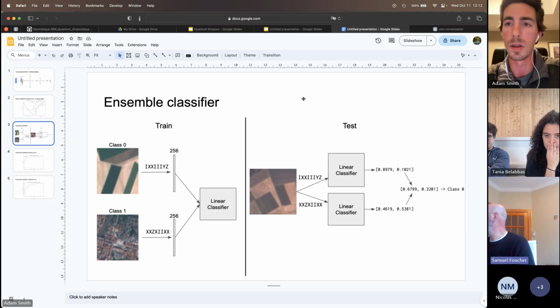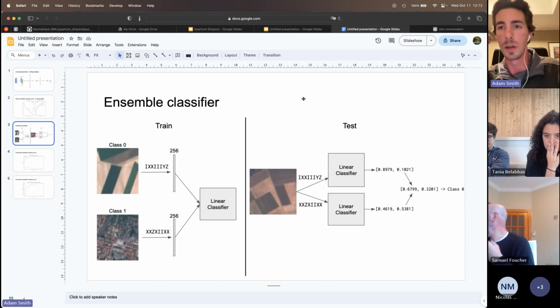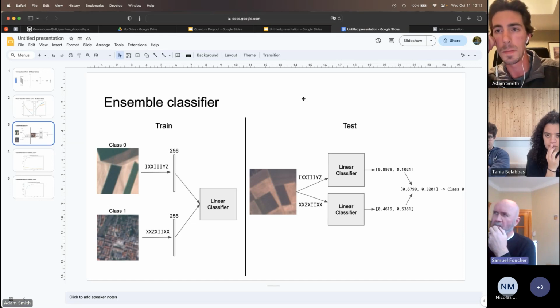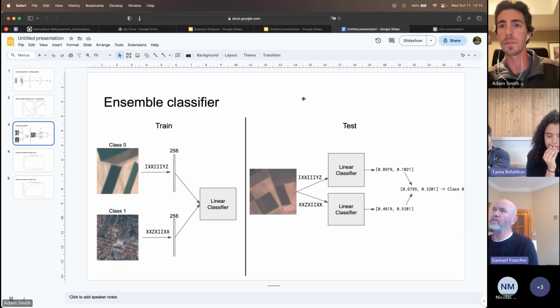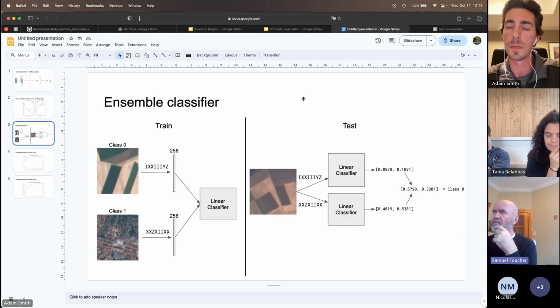Because the last time we talked about PCA, principal component analysis, possibly. It's a way to reduce the dimensions of the data. Okay.